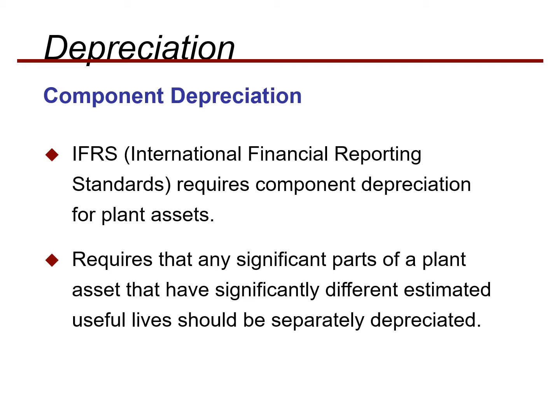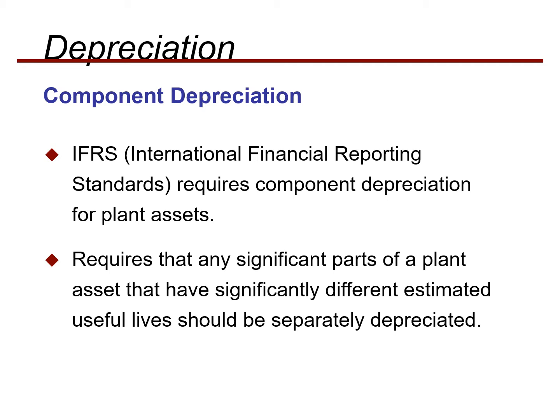There is another concept that IFRS requires: we should also consider the component depreciation of plant assets. When you have an asset, it might be possible that certain components of the whole asset have more or less than the original asset's life. So we have to identify that, calculate the useful life of that component, and calculate its depreciation.